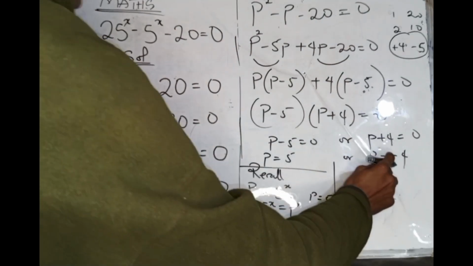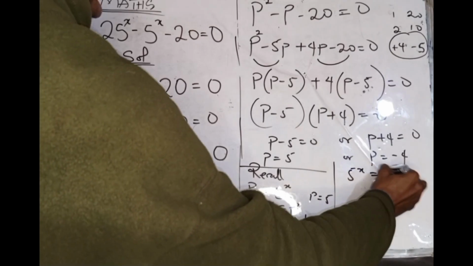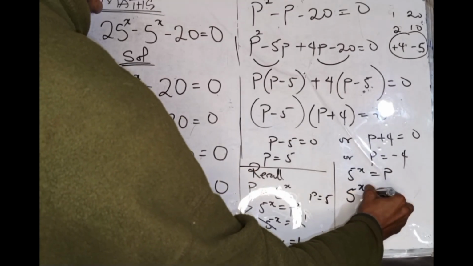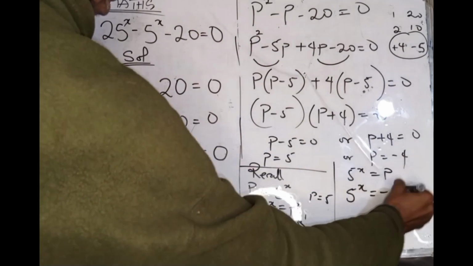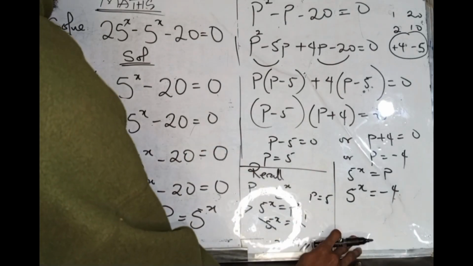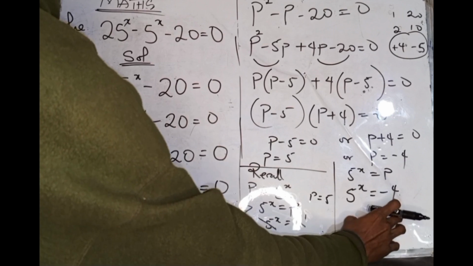Now going over to this other place, still recall that we said let 5^x be equal to p, and having it as 5 raised to the power of x equals, in place of p now I'm putting minus 4. Now you see this very question here, something happens. Having 5 raised to the power of x equal to minus 4, from the look of things, you discover that this is not a valid solution.